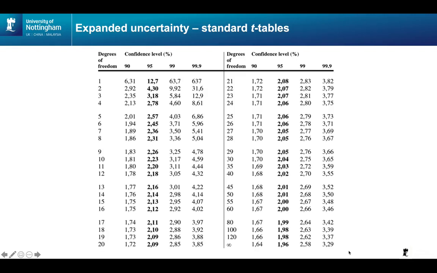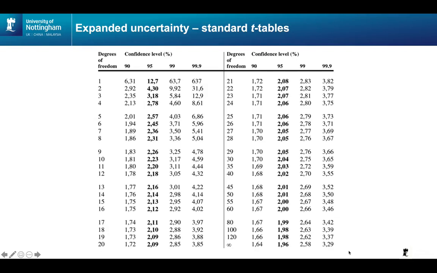That's why I said that 66 is pretty much the same as infinite. But it's worth pointing out that people often just say, right, I've got my combined uncertainty, I'm going to multiply it by 2 to give me 95% confidence. But that's not right, because if we've only got 9 degrees of freedom, it should be 2.26, which is going to give us a larger value, i.e. it's showing that we haven't got so much confidence because of a lack of degrees of freedom in the measurement.